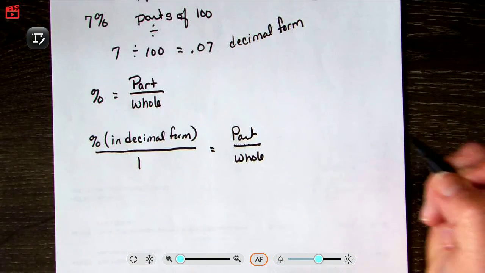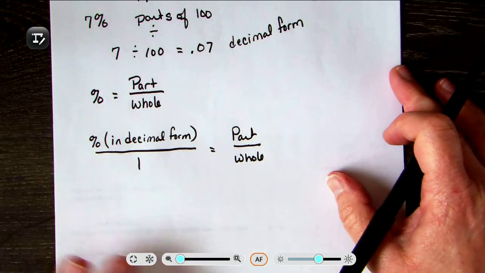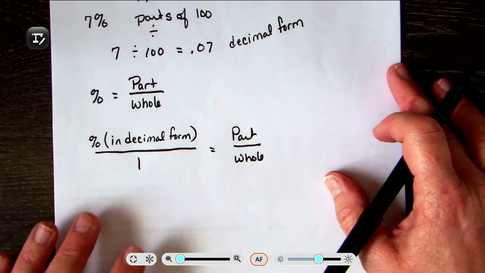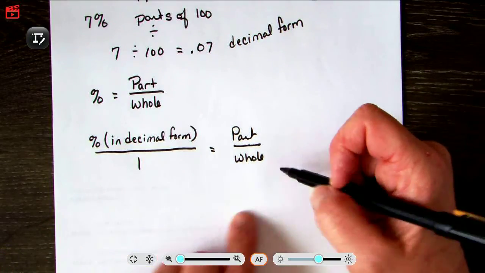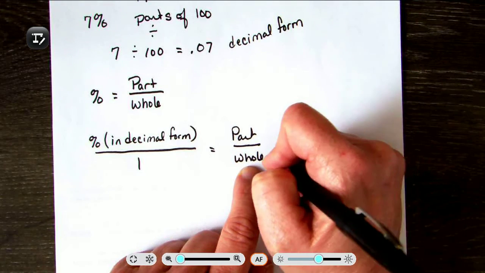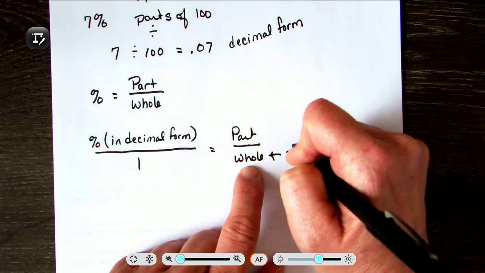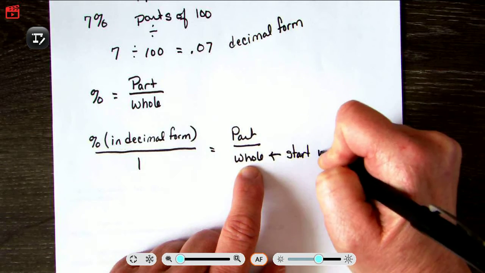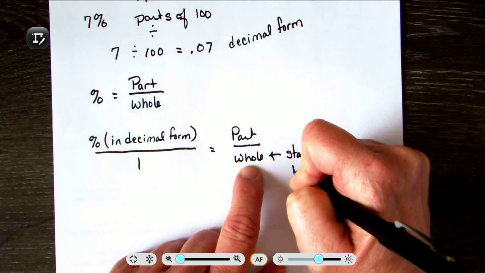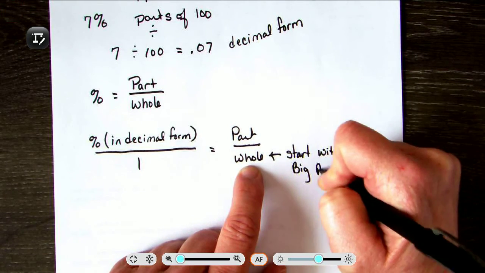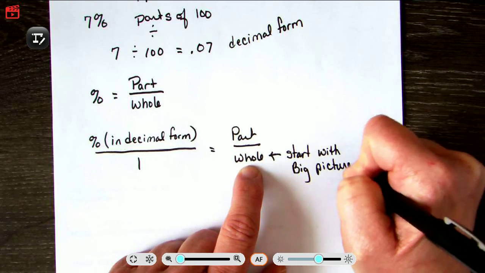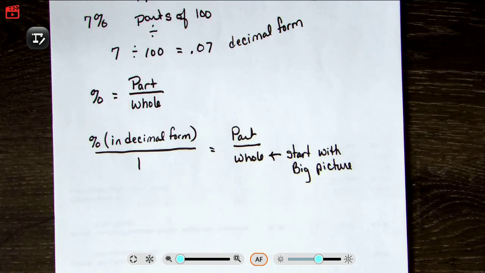So a lot of times, though, when we're working with percentage problems, it's hard to tell which is the part and which is the whole. So think of the whole as your starting value, what you start with, the big picture. It's the whole piece.